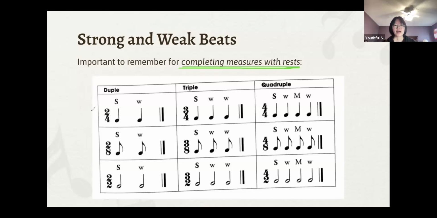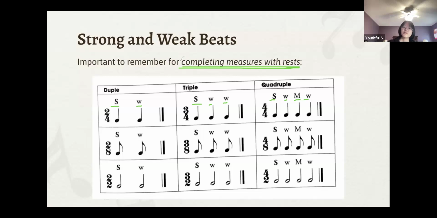So in a time signature, you would start with a strong beat on the first beat always. And then following that, there's always a weak beat. So if you were in 2/4 time, it would be strong, weak, and etc. If it were triple meter, like 3/4 time, 3/8 time, you would have strong, weak, weak. And if it were quadruple meter, you would have strong, weak, medium, weak.